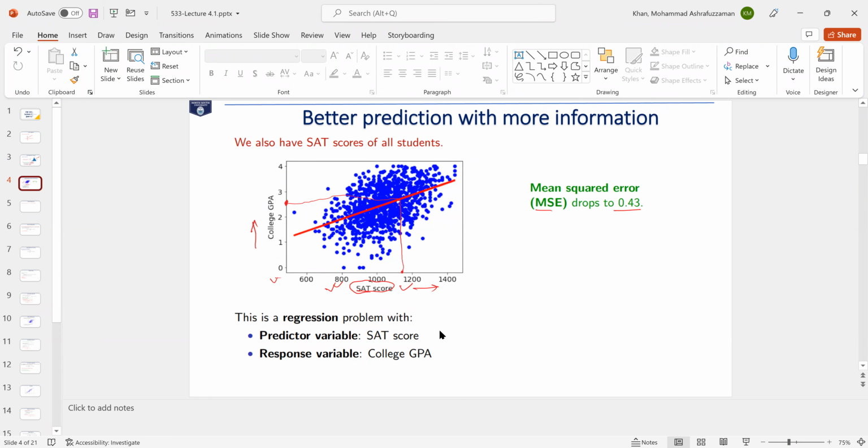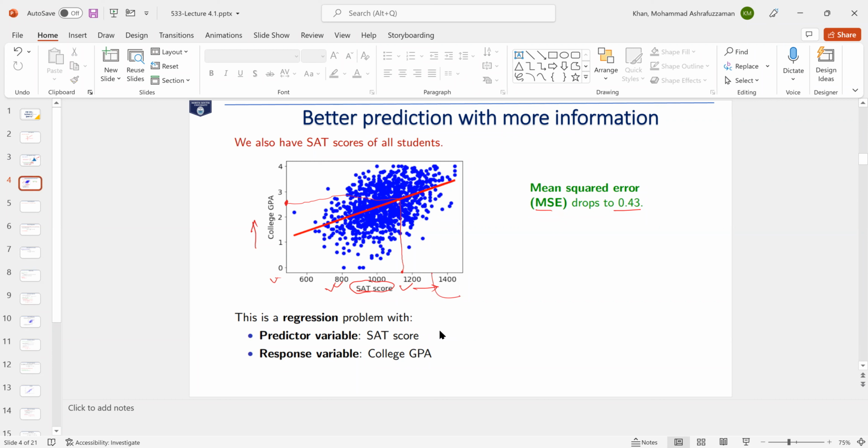Our data set will have some features, and based on the features we'll have some points. Based on these feature values, we want to fit a line.